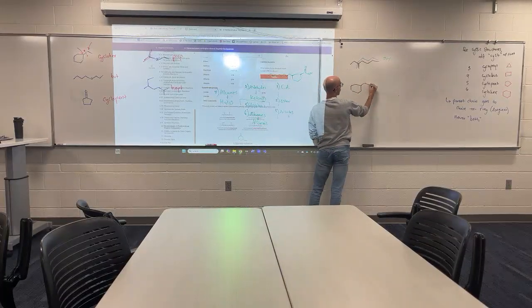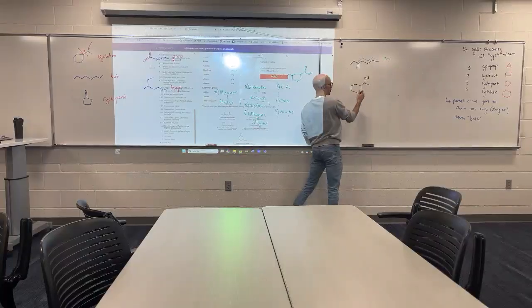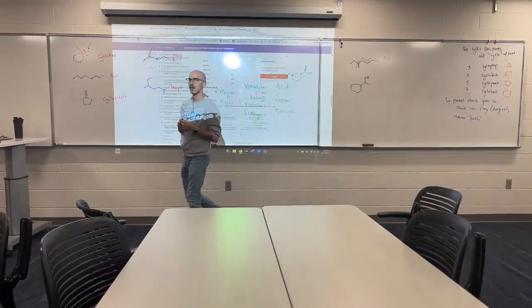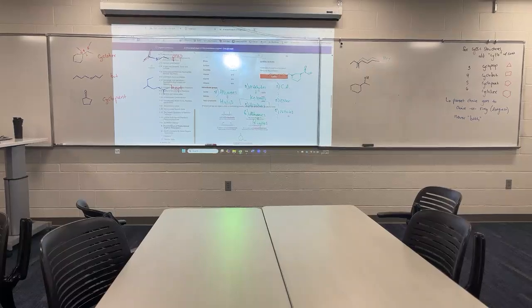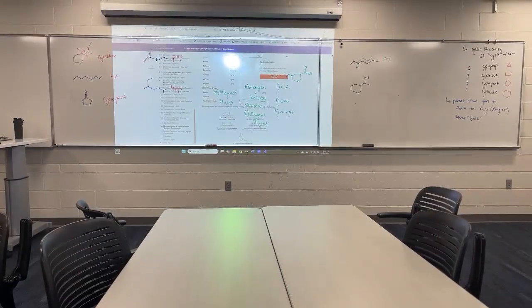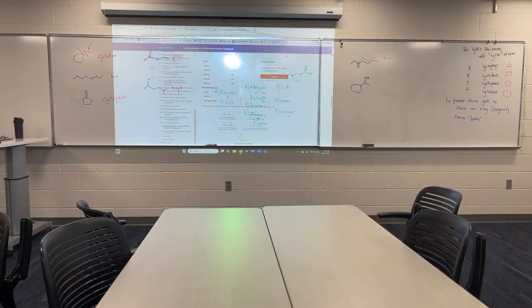Okay, now this was a bonus problem that I put on last year's final. What is the root for the parent chain of this compound? The longest carbon chain that contains the highest priority functional group. Why don't you think about it for about 10 seconds?